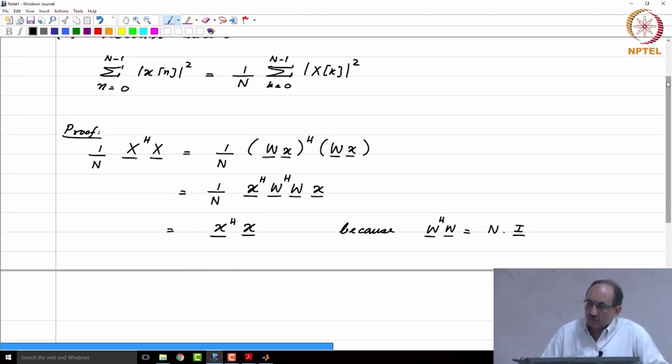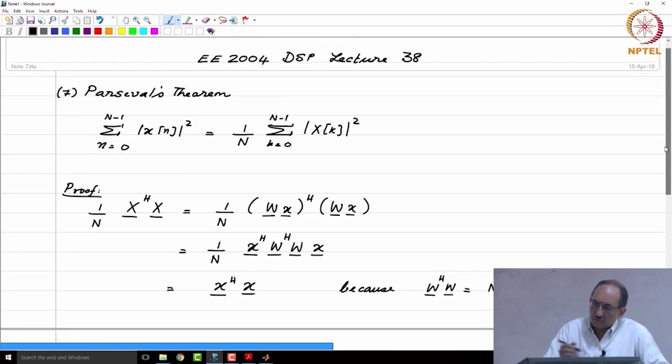Actually, the implication of this is the DFT is a norm preserving transform, because this after all is the norm of the signal or the vector in the time domain, and this is the norm of the vector in the frequency domain, and all it says is, at least in this form, the norm in the time domain is a scaled version of the norm in the frequency domain.